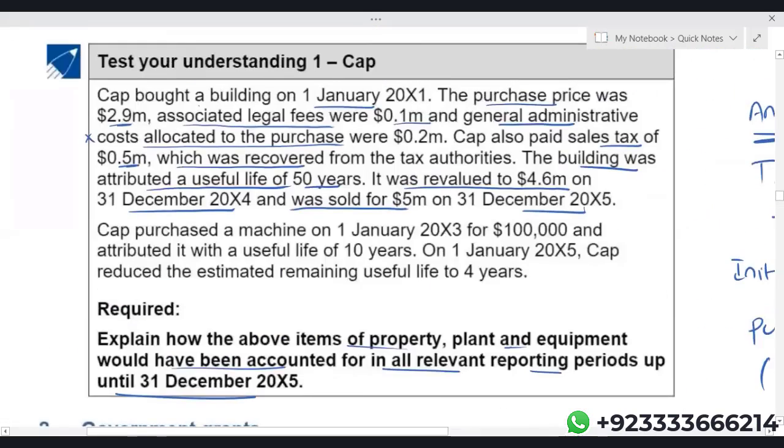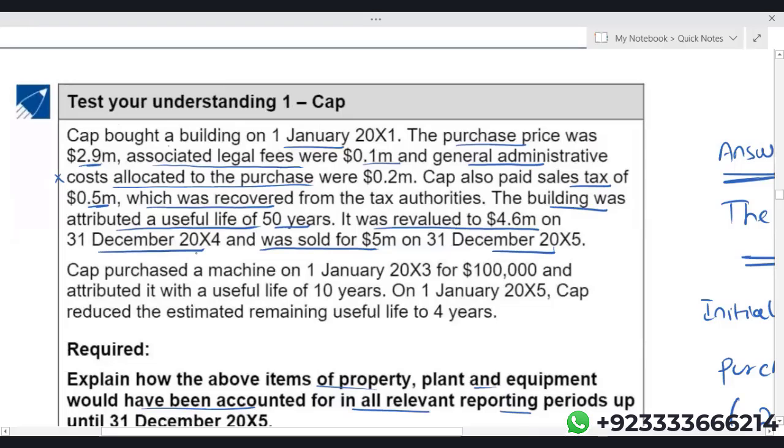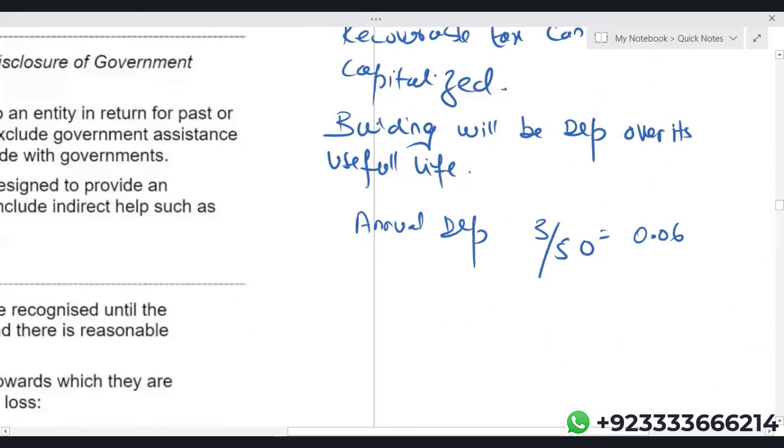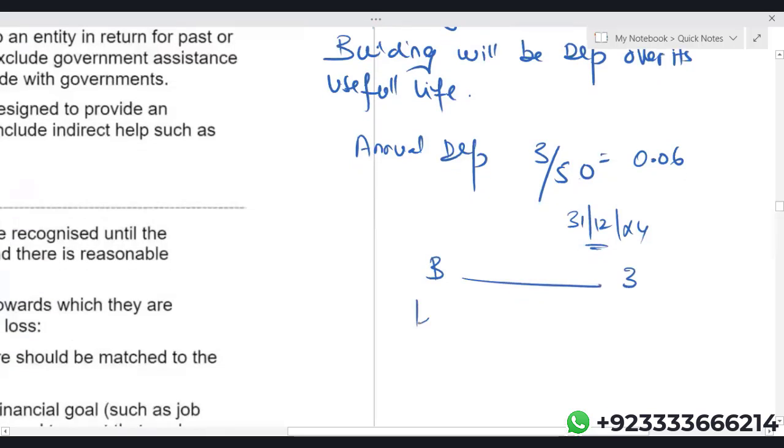Now, when we are revaluing the asset on December X4, we bought the building on January X1. We are revaluing on December X4, meaning after 4 years. So before revaluation, we have to first calculate the carrying amount of the building. December X4, please, you have to write properly: building less accumulated depreciation.